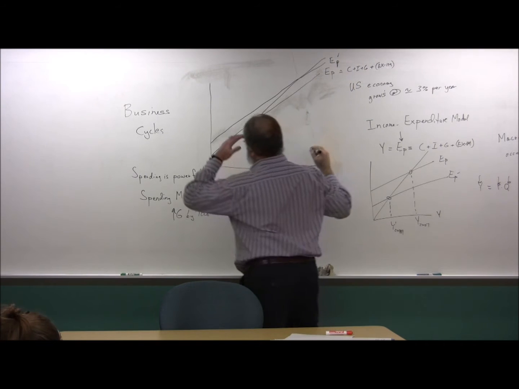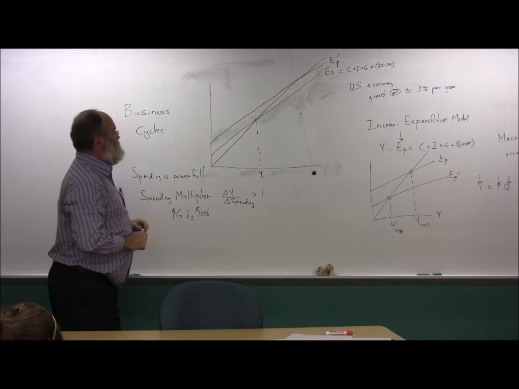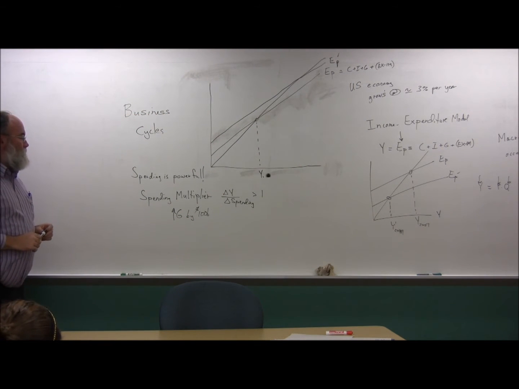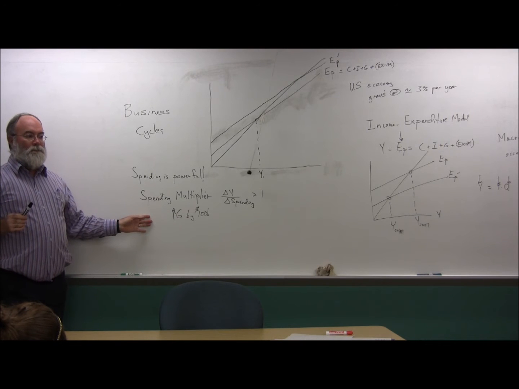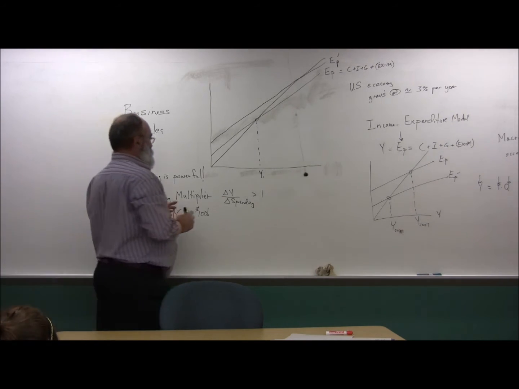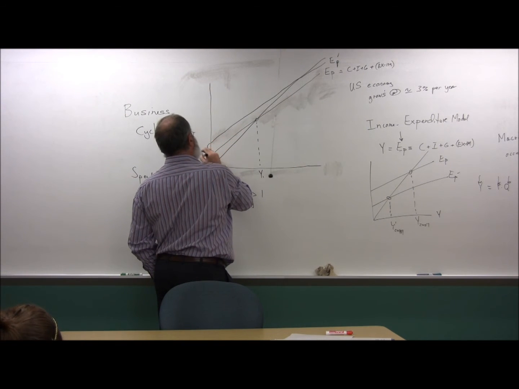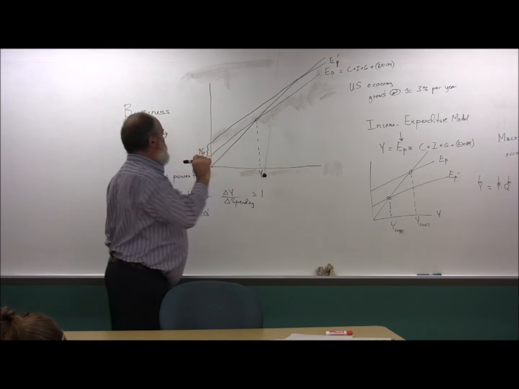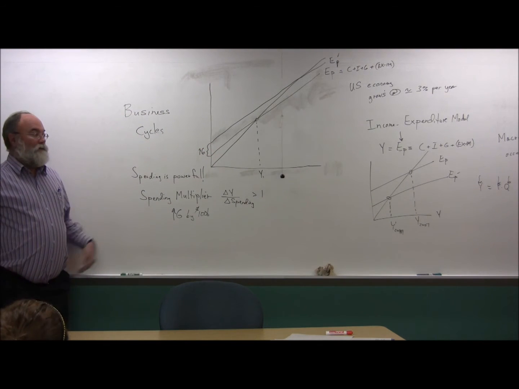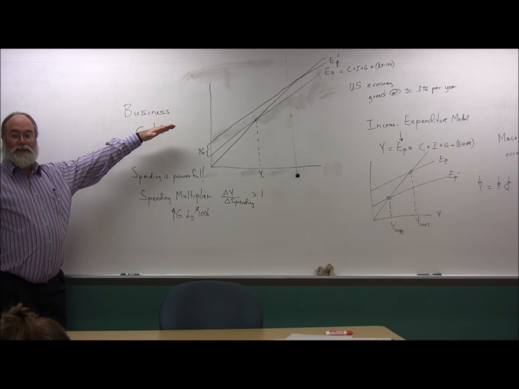I may not have succeeded, but it's supposed to be parallel. Okay? Now let's think about what's going on here. Government spending goes up by this amount. Increase G. Everybody understand that? The curve shifts up by the increase in G.